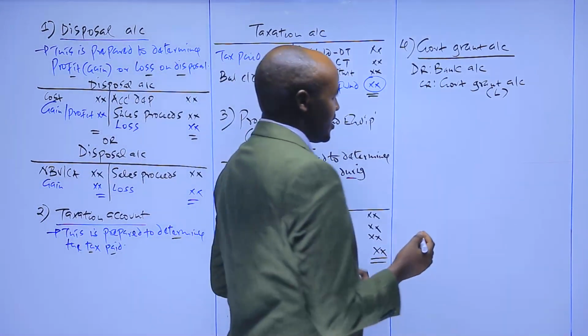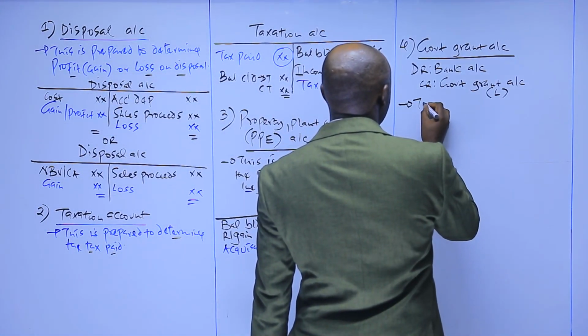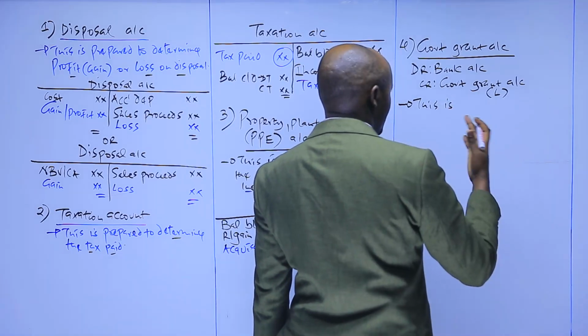So this account here, the government grant, will be prepared to determine 2 items.